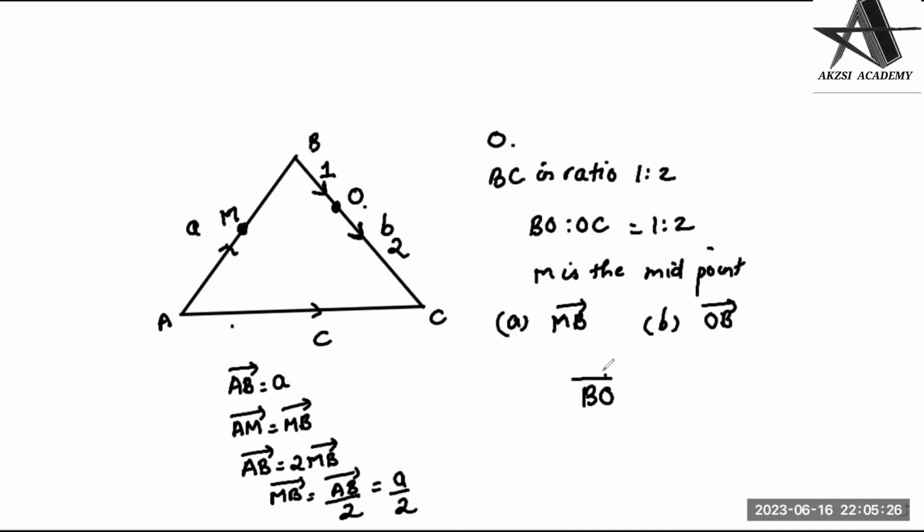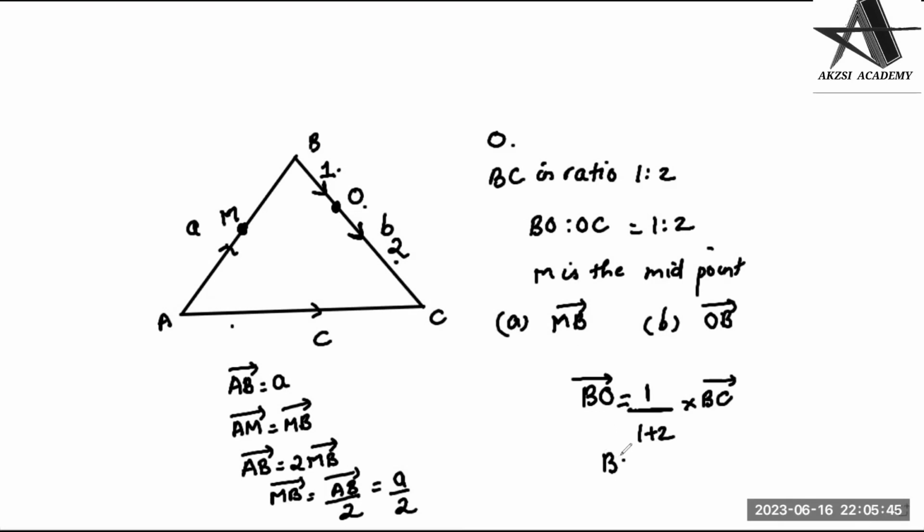So vector B to O is one part over 1 plus 2 of the whole big vector B to C. This is how we can convert a ratio into a proportion.